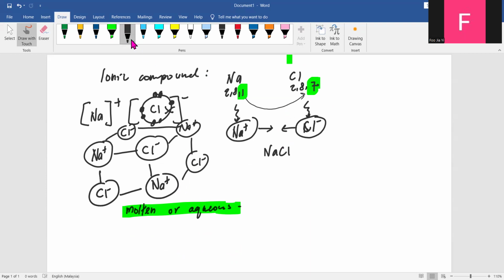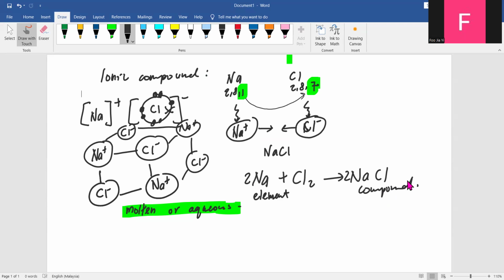So that is how ionic compounds form. Electrolysis is literally the reverse. In ionic compound formation, you start with sodium, react with chlorine, and it becomes sodium chloride. The elements join together to become an ionic compound.